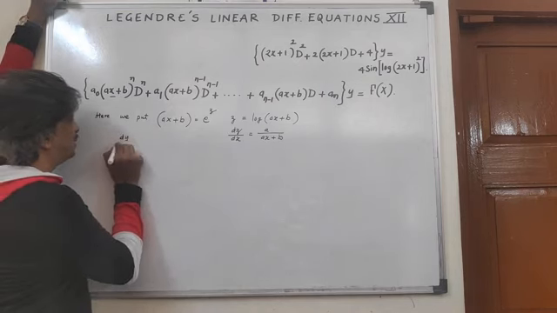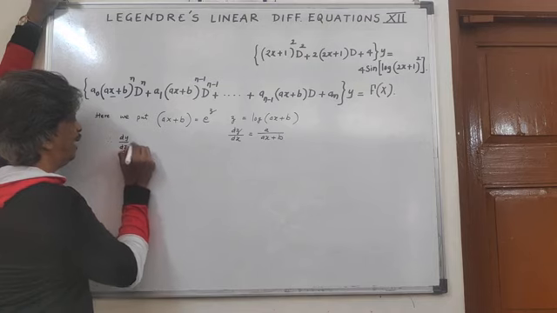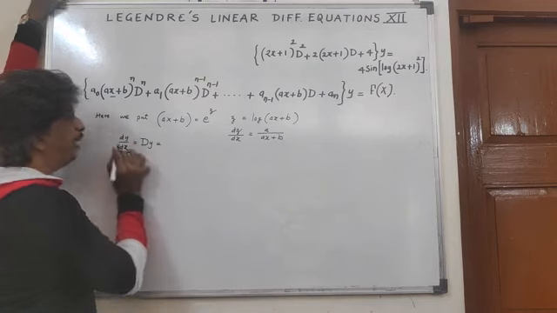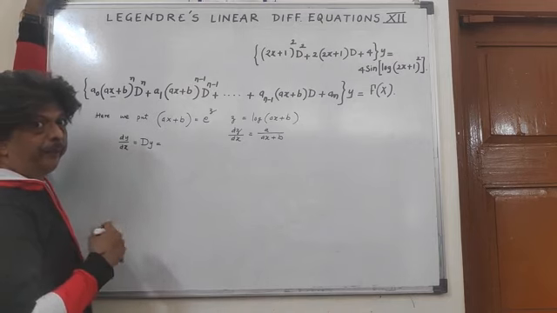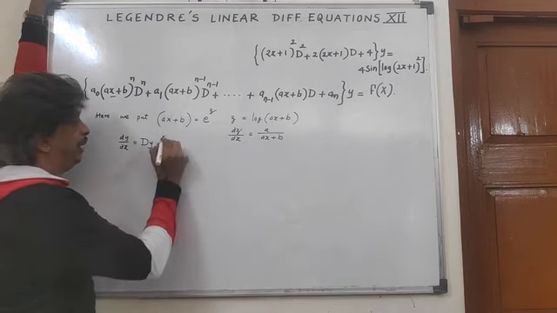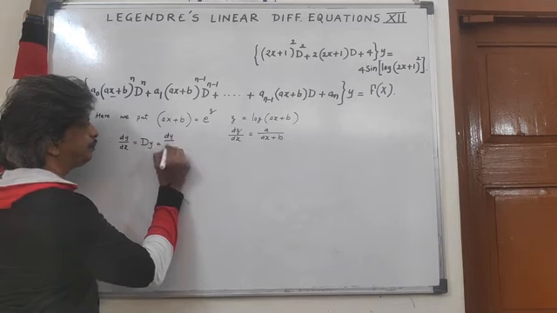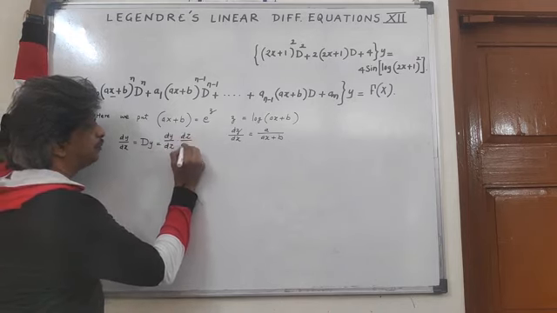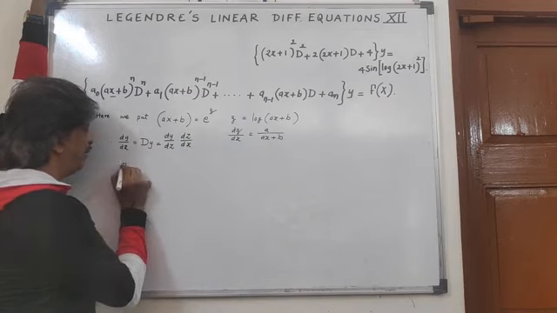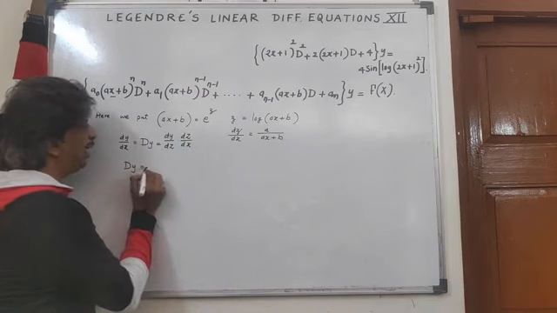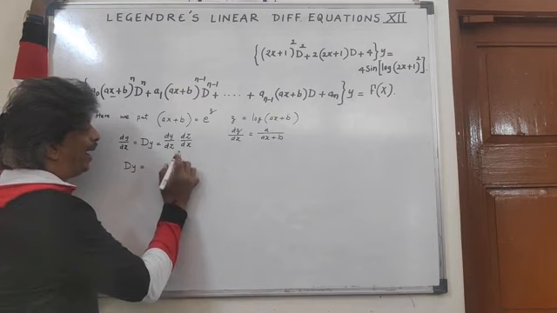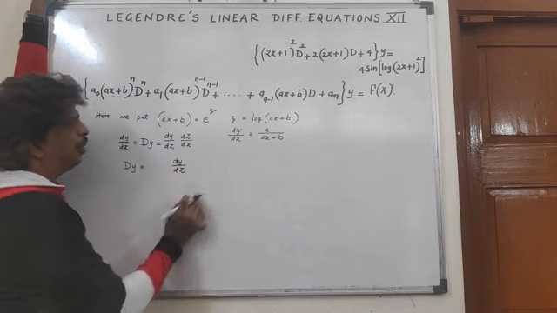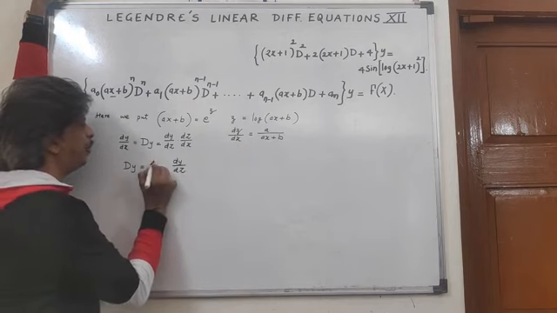dy by dx, we know that d by dx is operator D, so it is capital D of y. Dy by dx can be written as dy by dz into dz by dx. So capital D of y is equal to dy by dz, and what was dz by dx? It is a upon ax plus b.